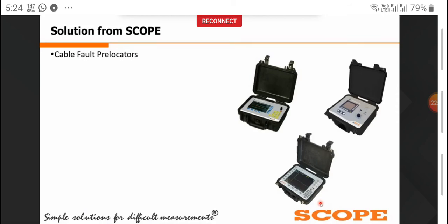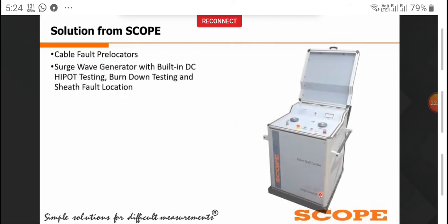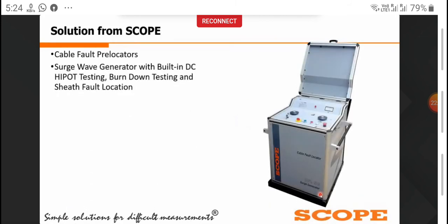These instruments are also equipped with an inbuilt cable velocity of propagation library, so whenever we are setting the parameters in the TDR method or any prelocation method, it is easy for the user. These instruments are equipped with various prelocation methods.